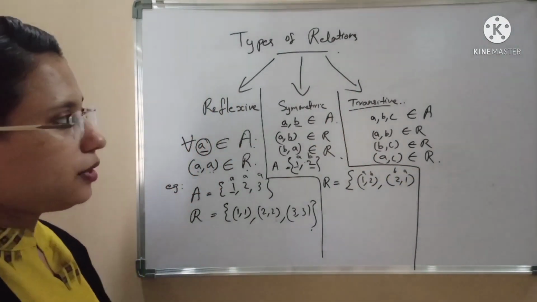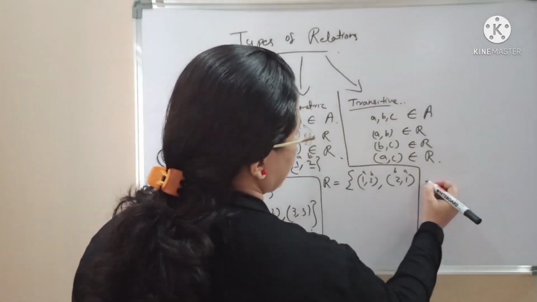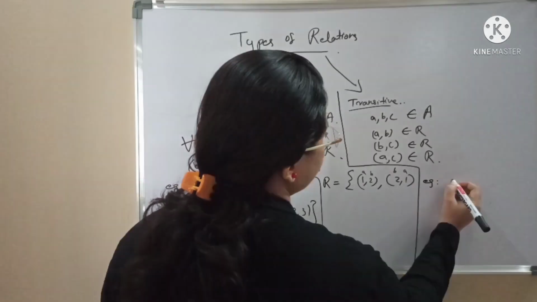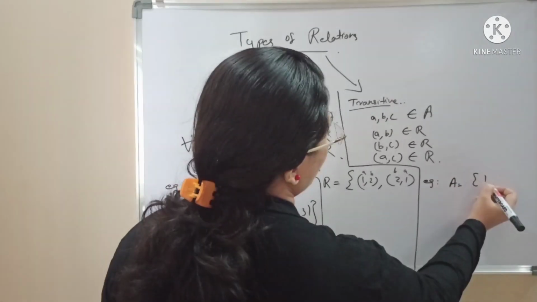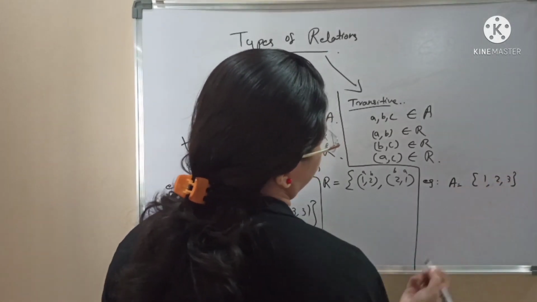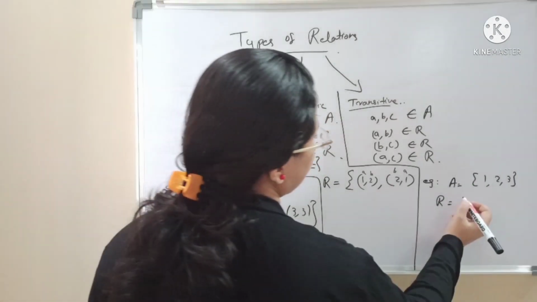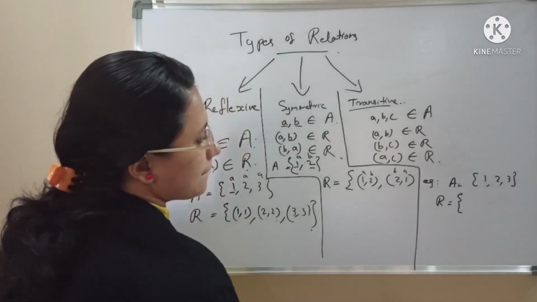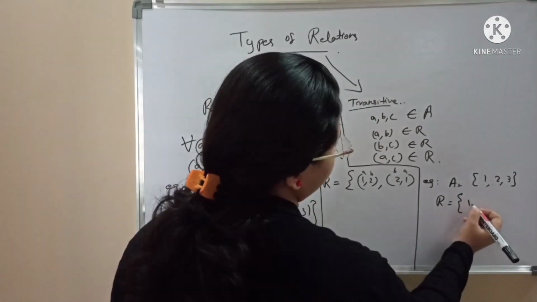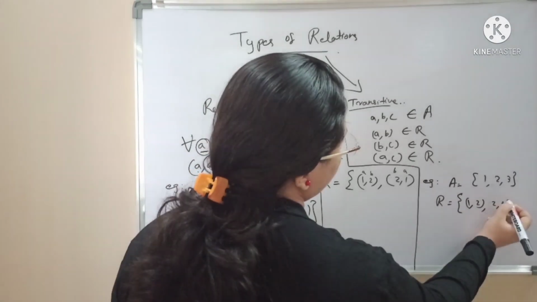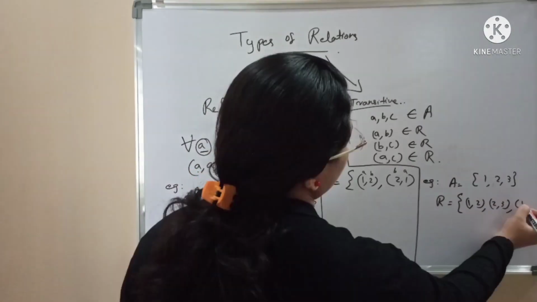So, the example: we have A equals 1, 2 and 3. Then relation R will be 1, 2, 2, 3 and 1, 3.